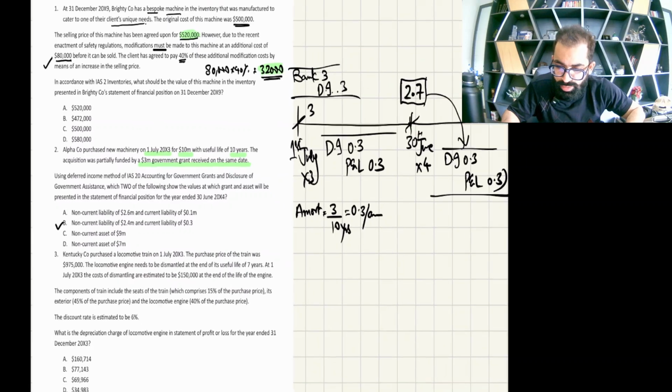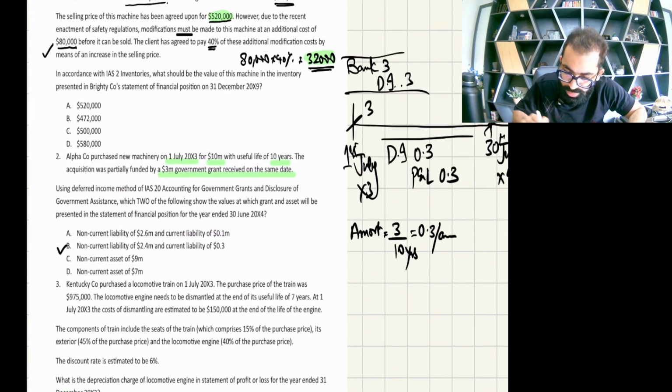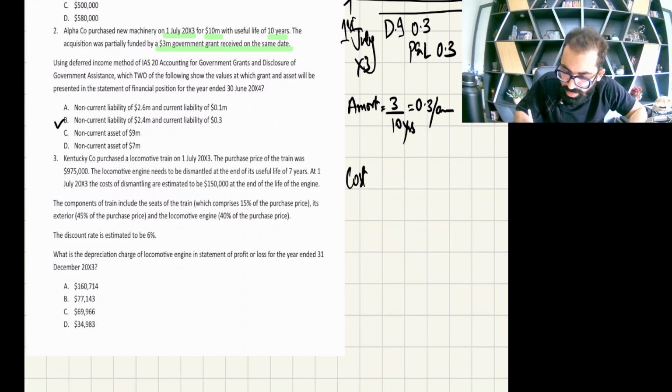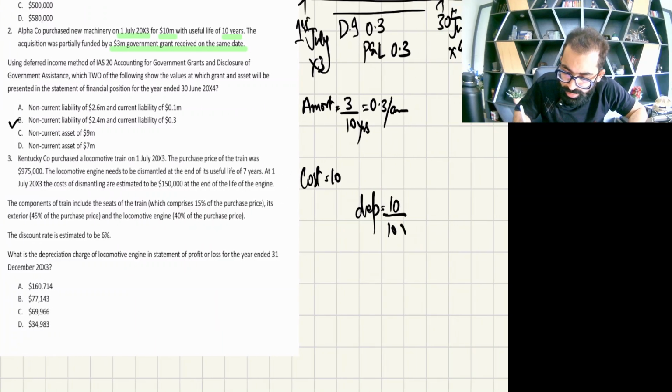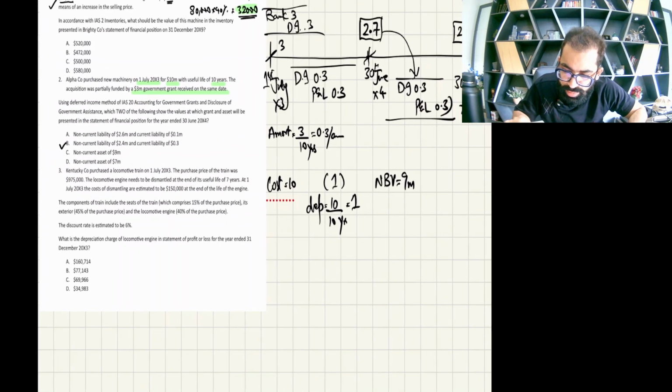So your asset cost 10 million. If you want to calculate depreciation, 10 divided by 10 years is 1 million. So out of 10, if you depreciate 1, your NBV will be 9 million at 30th June.